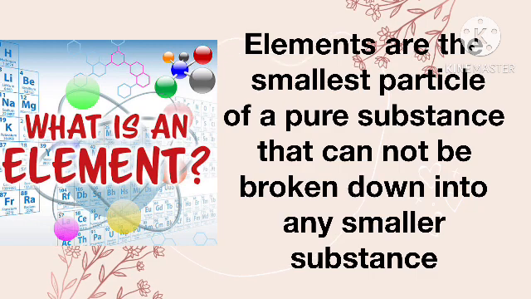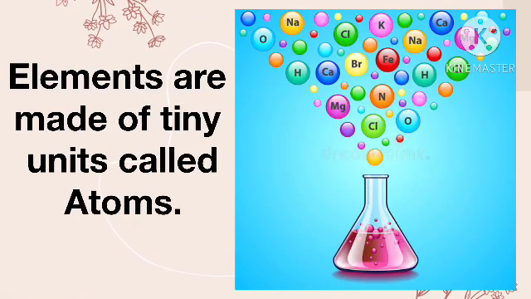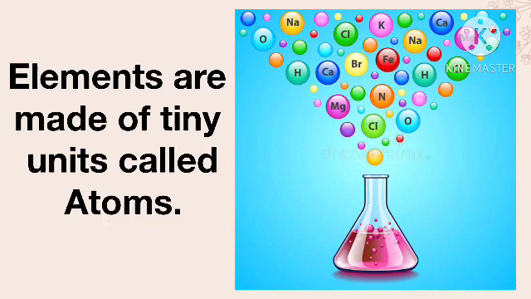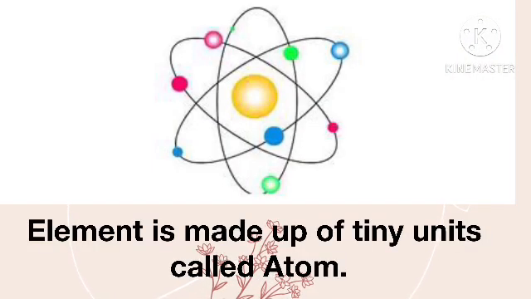And elements can either be solids, liquids, or gases. Elements are made up of tiny units called atoms. An atom is the smallest unit of matter. So, an element is made up of a tiny unit called atom.